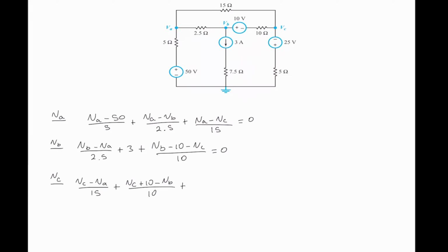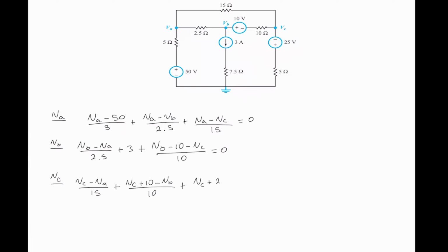Plus VC with reference to the voltage source under it, which is the 25 volts. From VC, we're seeing a negative terminal. There's nothing causing a voltage drop between VC and the voltage source. So VC minus a negative is a positive.